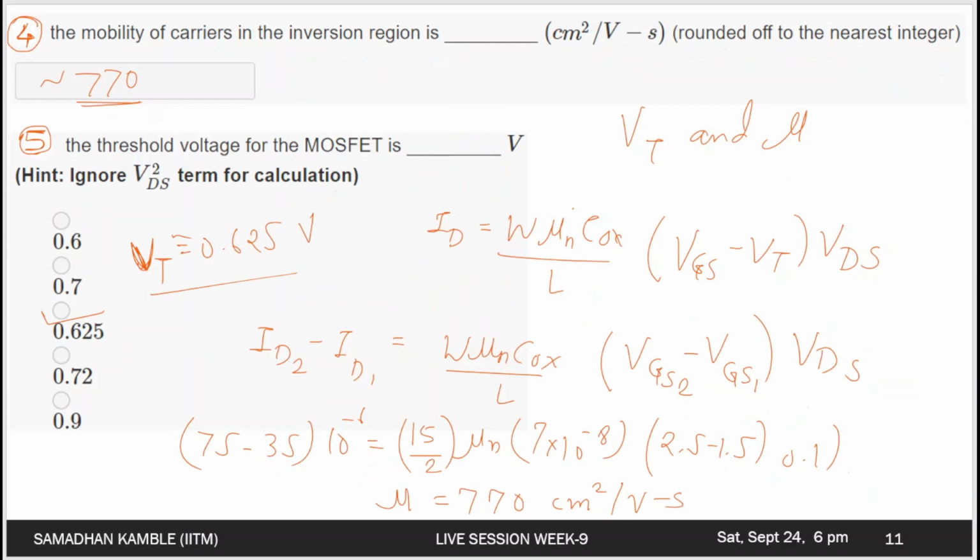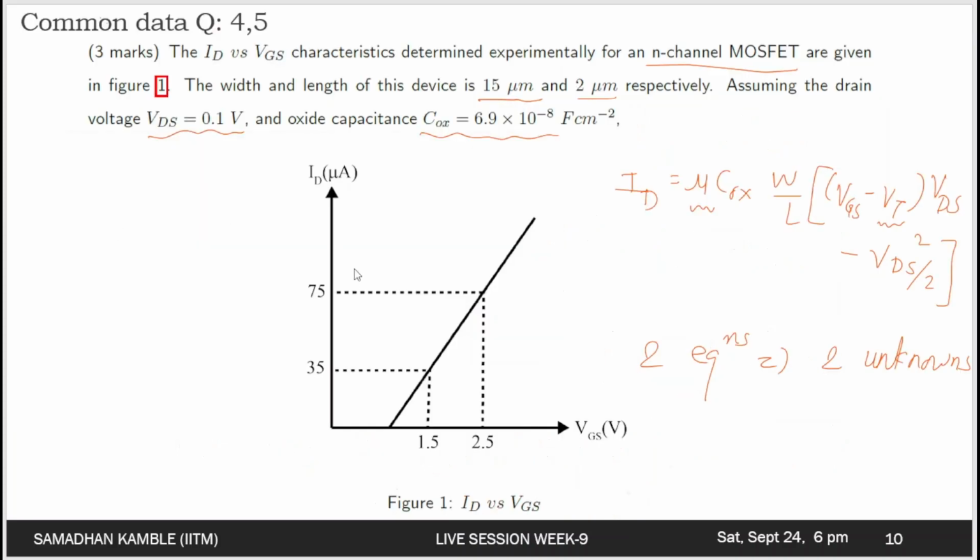In question number 5, for finding VT, which drain current we substitute? Basically what we have done is we have used this particular graph in which we have two values of IDs corresponding to two different values of VGS.